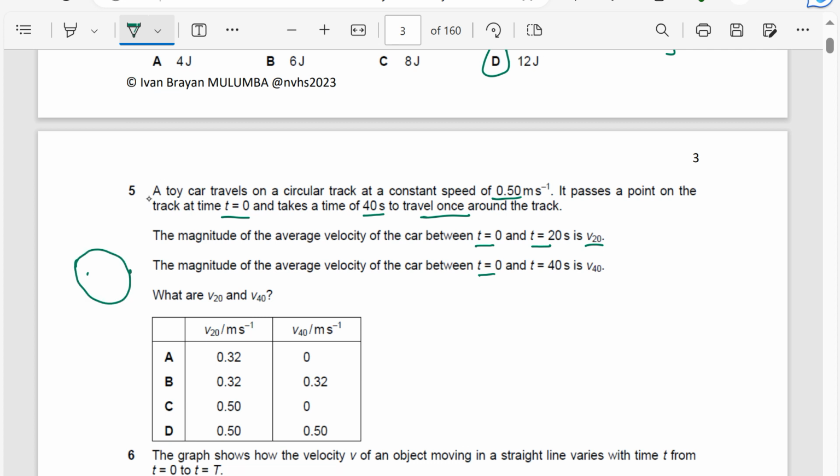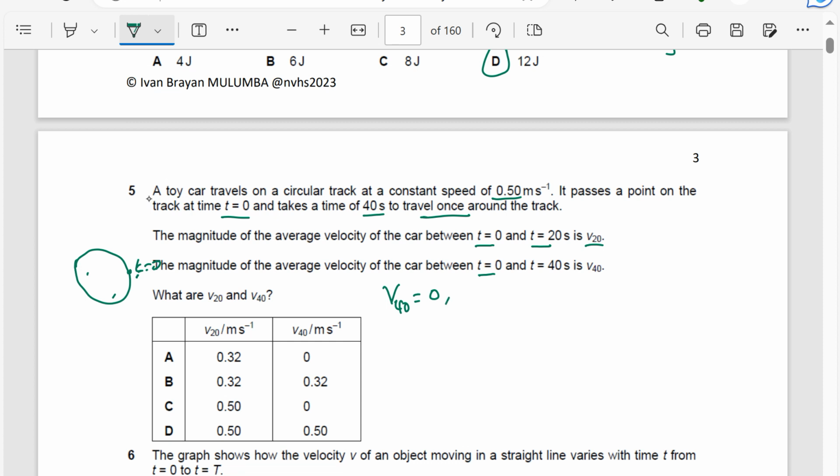At t equals 0, it is here. After 40 seconds, it comes back to the same point. That means v40 must be 0. The velocity at 40 must be 0 because it has come back to the same point, which means total displacement is going to be 0.